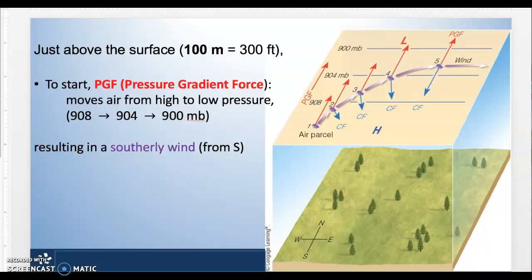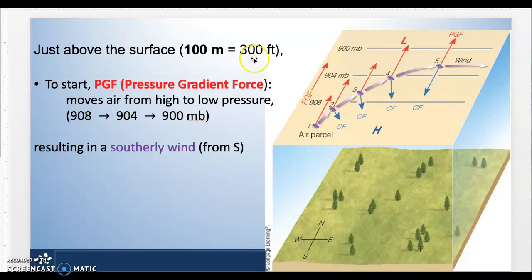Again, let's start just above the surface layer, like we did in the last video, where we looked at the 850 millibar level. At this point, we're going to look at the 900 millibar level, even a little bit lower than where we were before. And we're going to look at pressure gradients at that low altitude, just above the surface level.